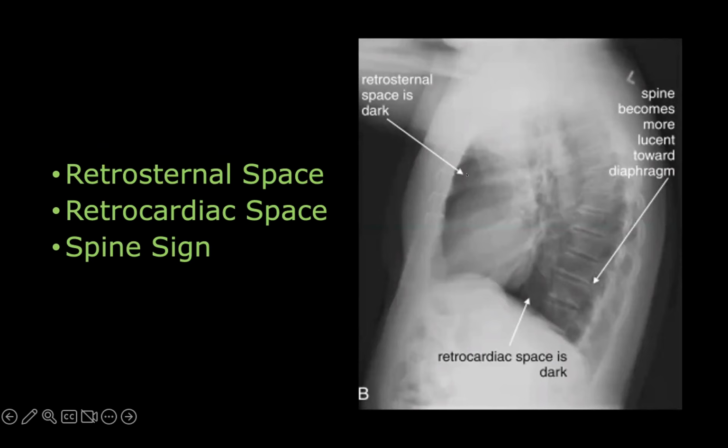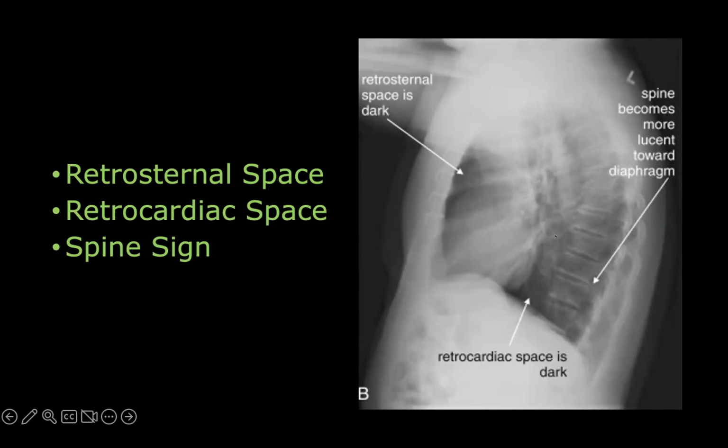This is a hidden area in the lateral view. You should always look at it. Any opacity here will make you think of an anteriorly located opacity, whether in the anterior mediastinum or an anteriorly located pulmonary, meaning lung, abnormality.